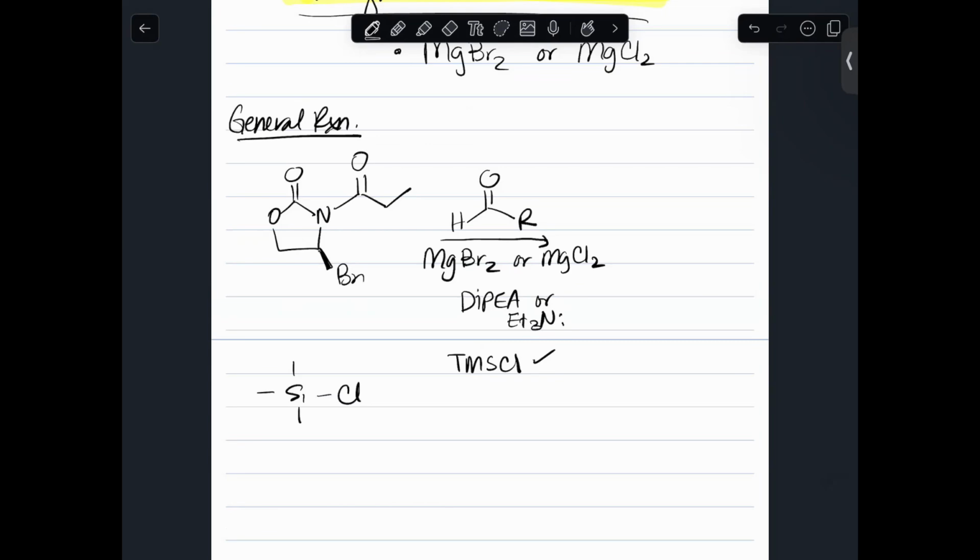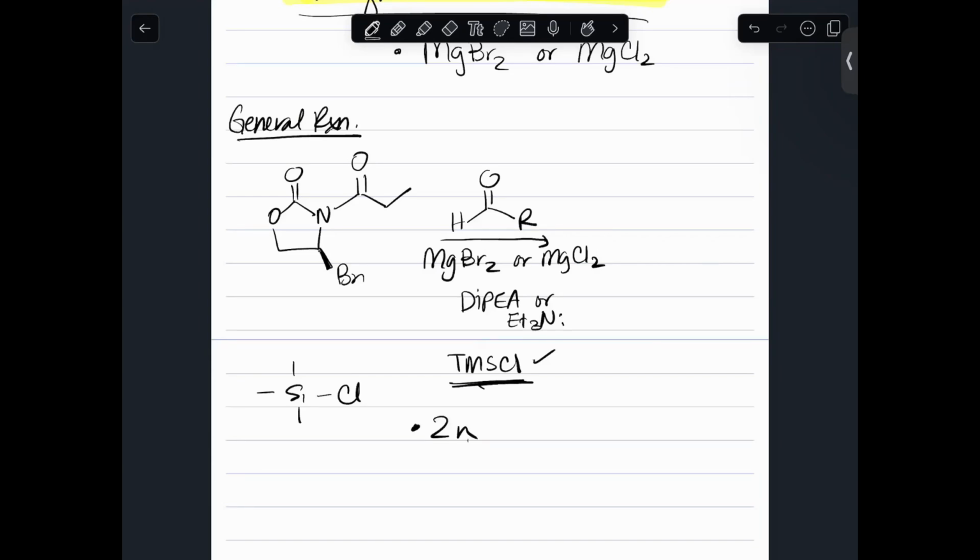Well, they said, listen, the minute you form your O minus, we are going to add TMS chloride all in the same pot of the reaction so that you can protect the alcohol, the beta hydroxy carbonyl compound, immediately. You don't have to form the beta hydroxy and then deprotonate again and protect the alcohol.